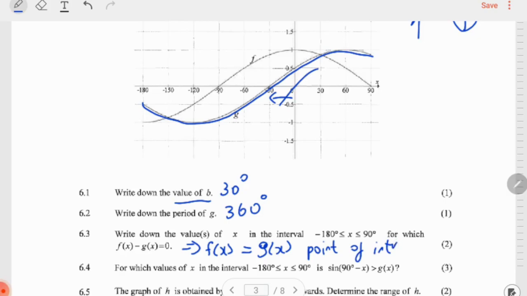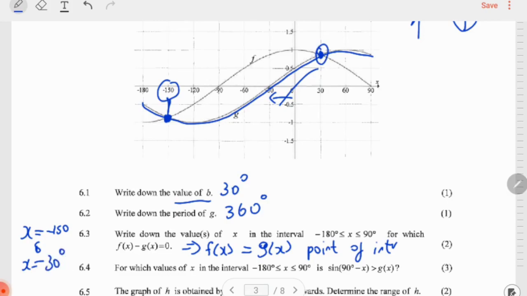So we're just going to check where the two graphs meet. Okay, they meet here, they also intersect here. So that means the answer is x is equal to minus 150 and x is equal to, they also intersect at 30.